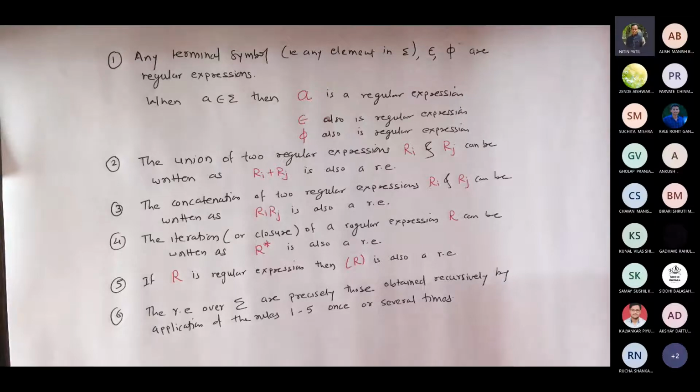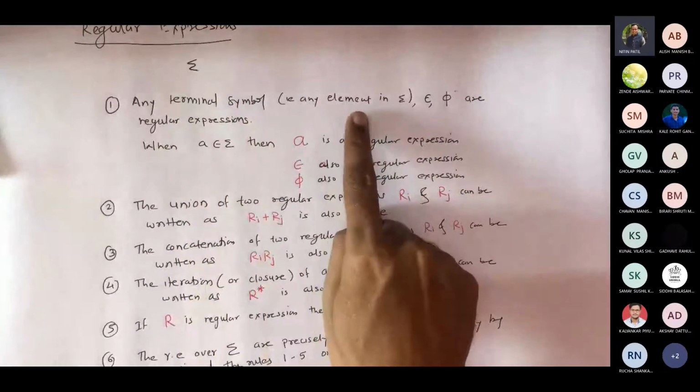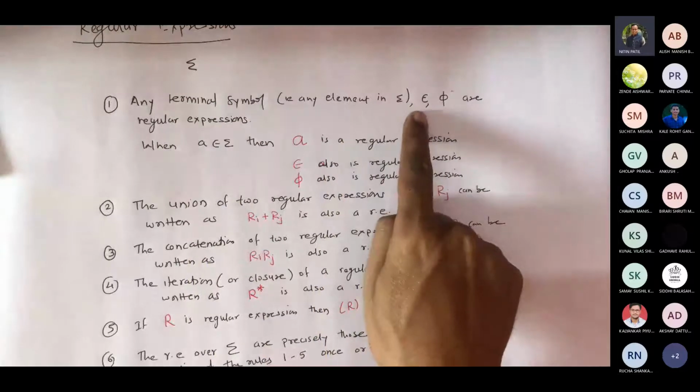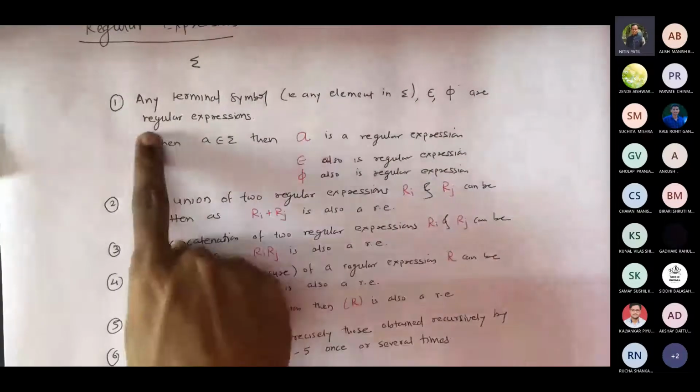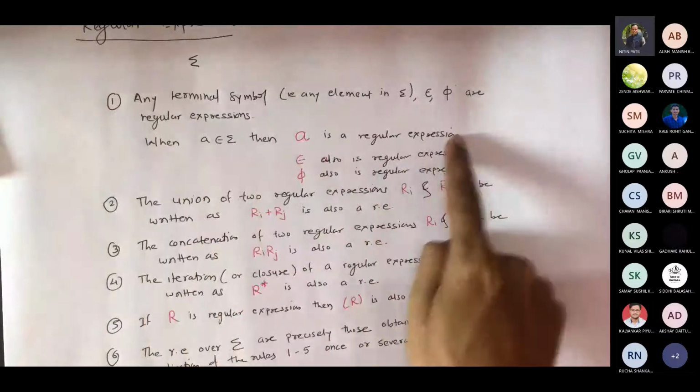Let us assume that there is some sigma given. Any terminal symbol in sigma, also an epsilon, also a phi, are regular expressions. When A belongs to sigma, then A is a regular expression.